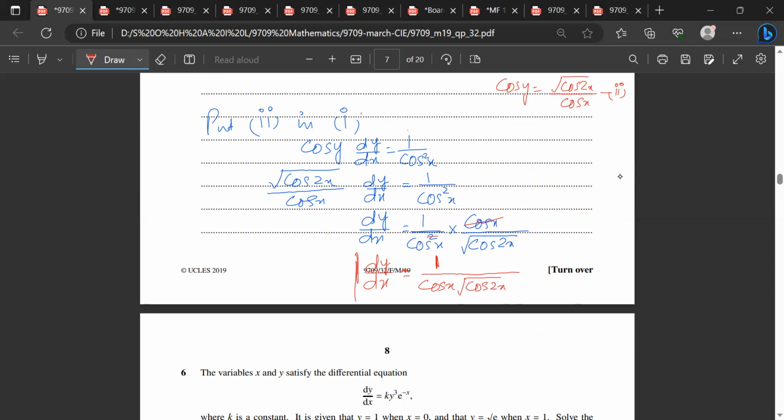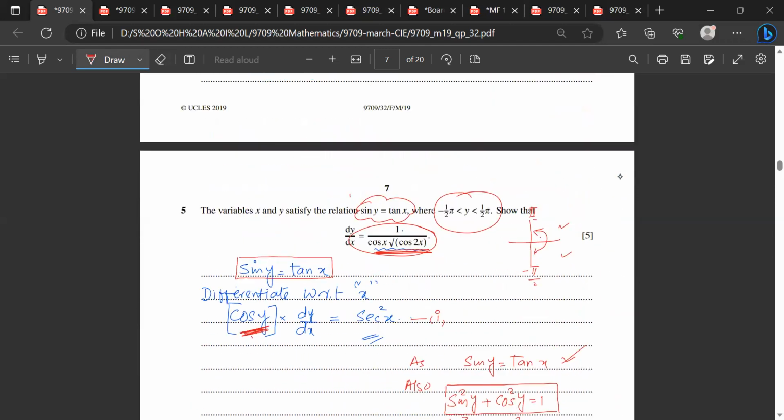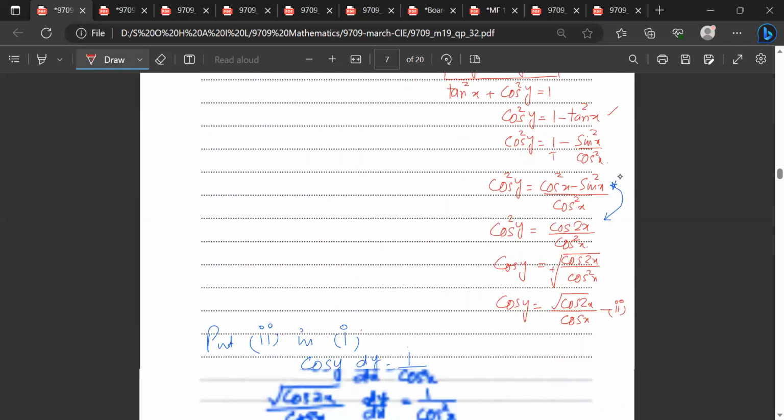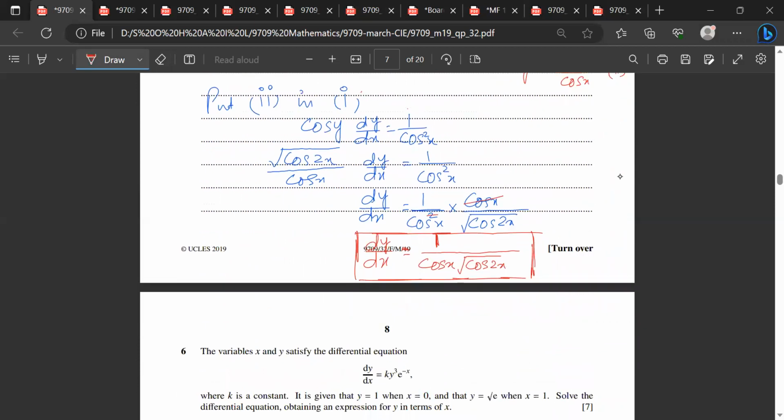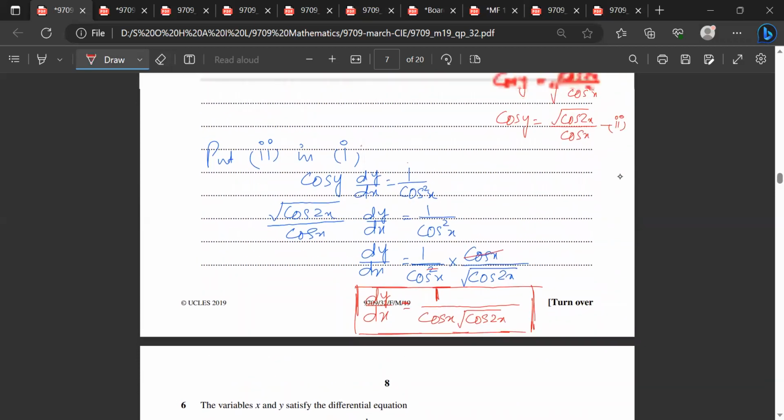And yes, we wanted to get the same thing, 1 over cos x square root of cos 2x, as the result. Thank you.